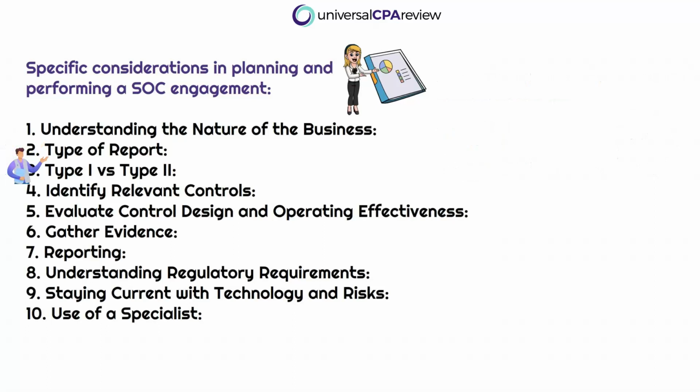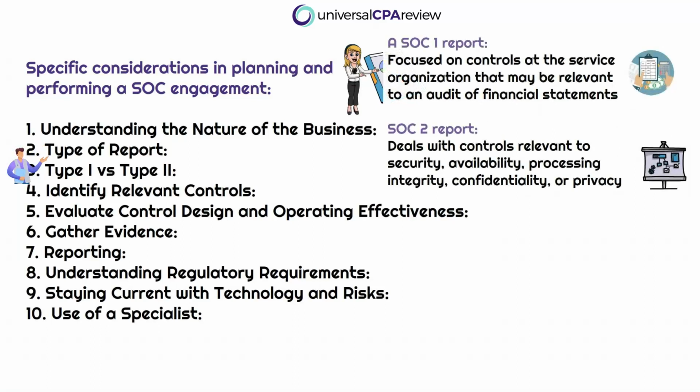Then we need to determine the type of report. Determining whether this is a SOC 1 or SOC 2 report is ultimately what we need to do. A SOC 1 report is focused on controls of the service organization that may be relevant to an audit of an entity's financial statements, while a SOC 2 report deals with controls relevant to security, availability, processing integrity, confidentiality, or privacy. Our trust services criteria.